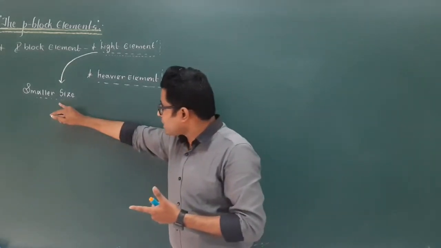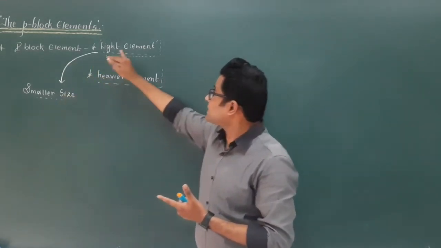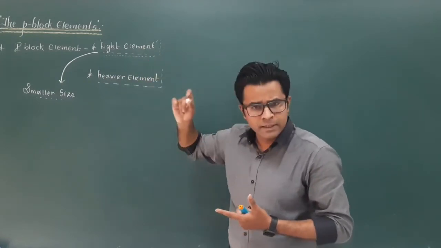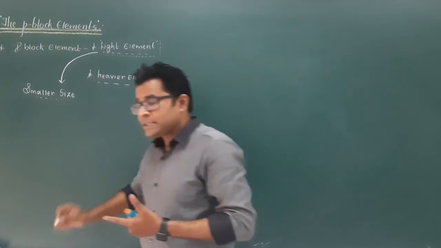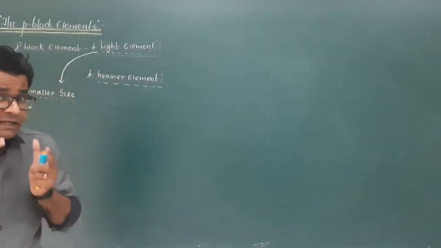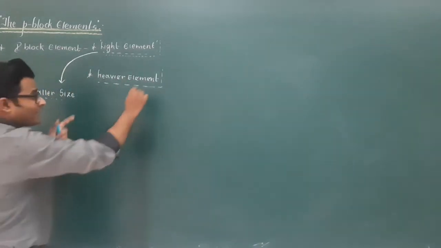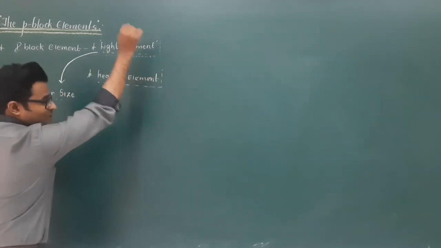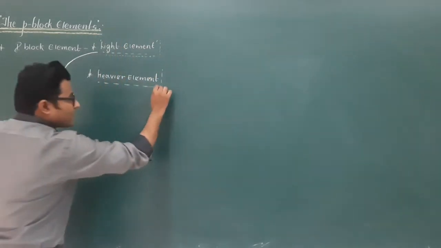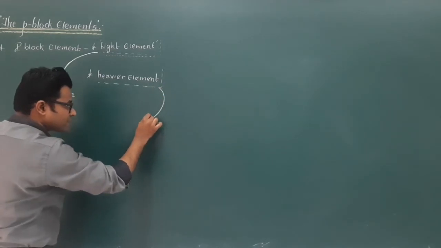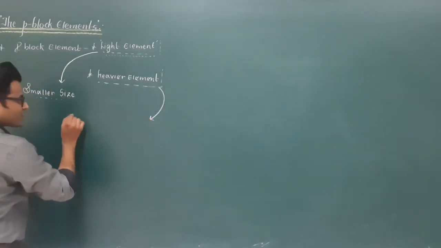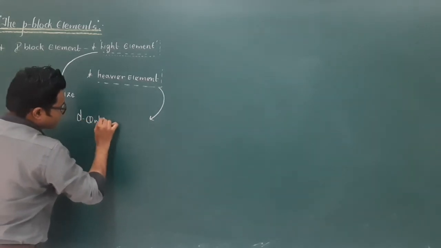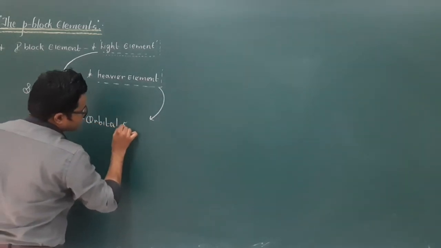Therefore, due to the smaller size, these elements show properties which are not similar to those of the heavier elements. The second main reason why the heavier elements differ from the elements on the top is that in the heavier elements there is the presence of d orbital electrons.